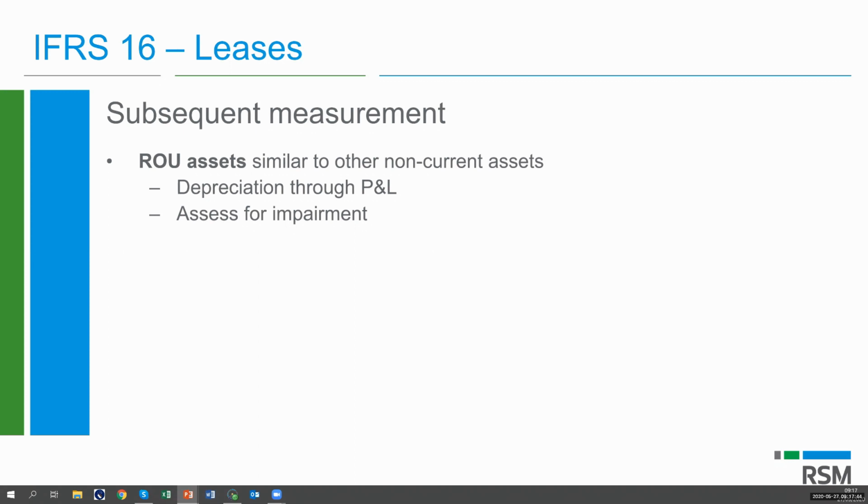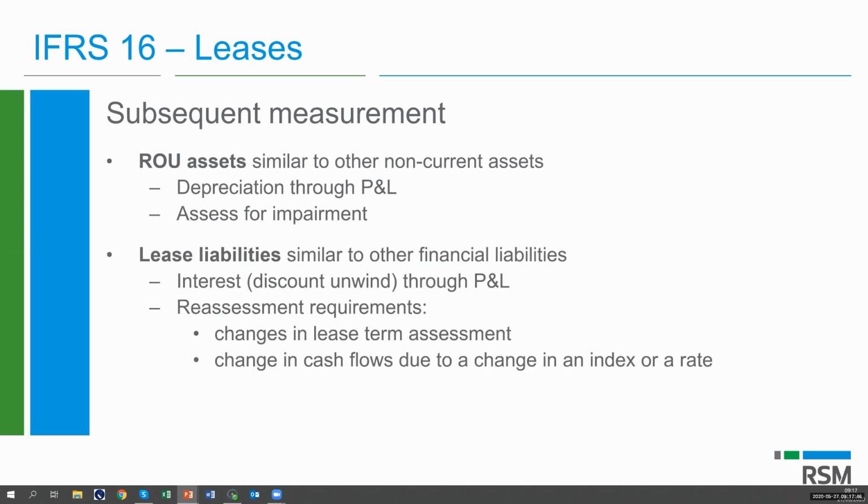Your lease liability is similar to any other financial liability. It's not difficult. You would have the discount unwinding through P&L, which you would recognize as interest, and you would also decrease your liability by any payments that you make towards the lease.